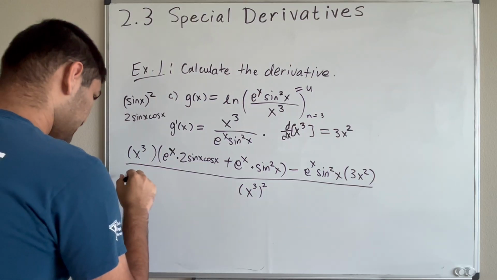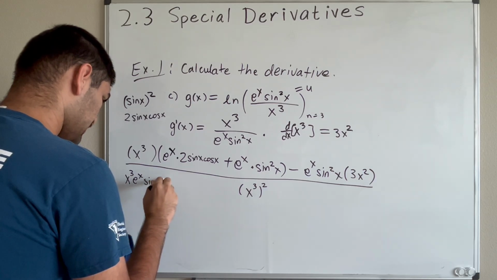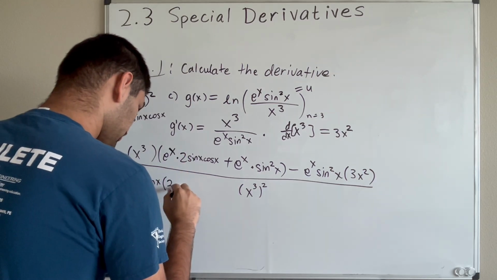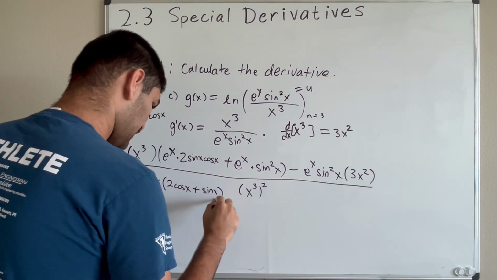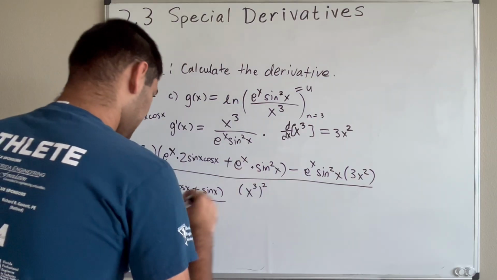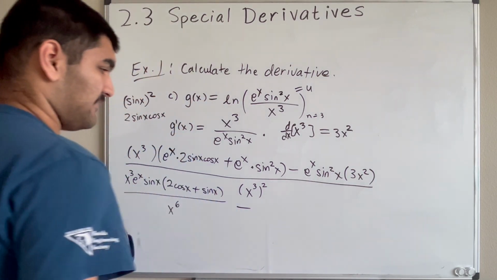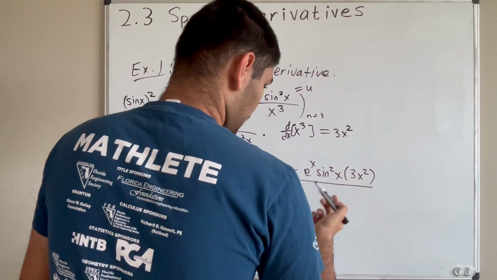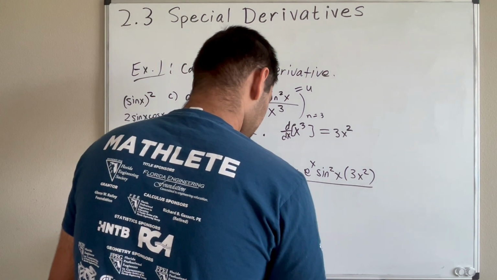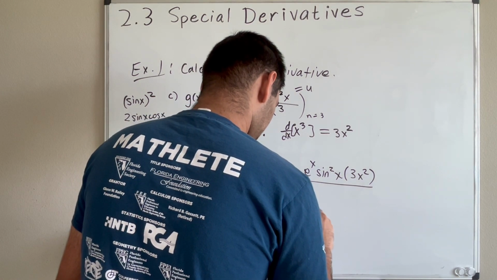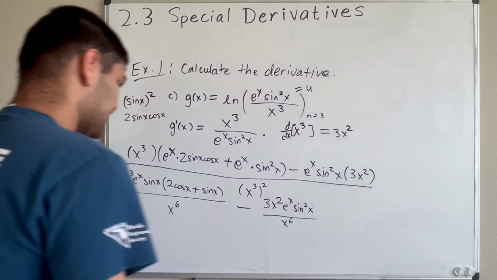So I have x cubed e to the x sine x times, here I'm left with a 2 cosine x, and here I'm just left with a sine, all over x to the power of 6, right? Minus. Here, it's already factored out for the most part, so I just have 3x squared e to the x sine squared x, all over x to the power of 6.